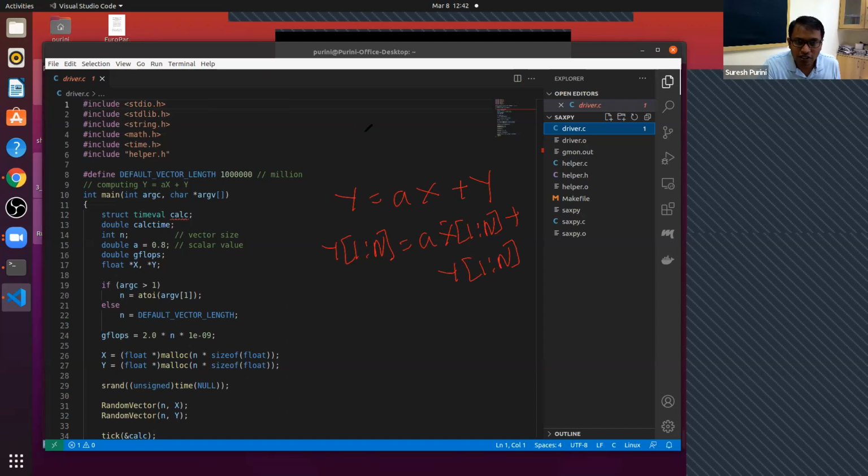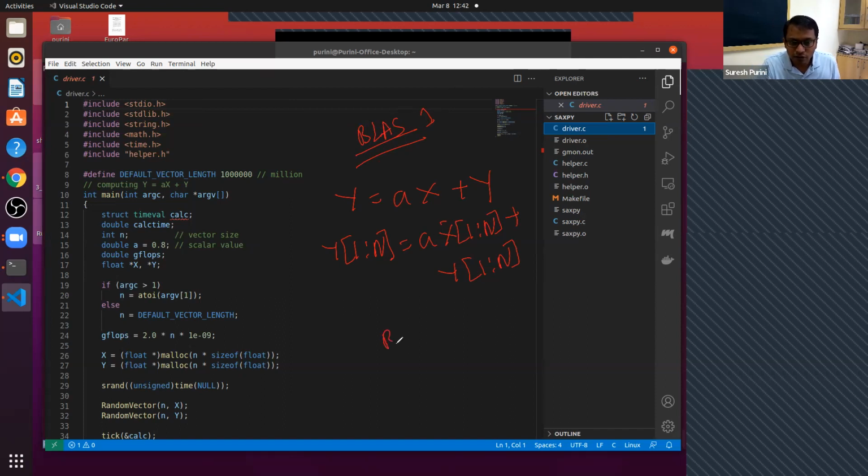So this is what is called BLAS, which stands for Basic Linear Algebra Subprograms. There are 3 levels of BLAS, and at every level there are some kinds of problems which fall under that level. At BLAS level 1, we work with operations involving only vectors.